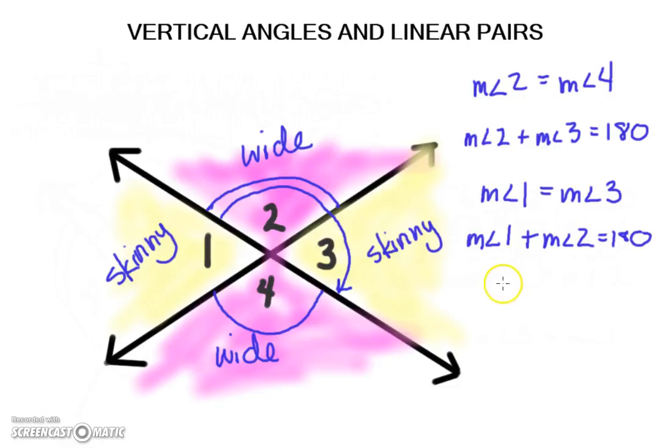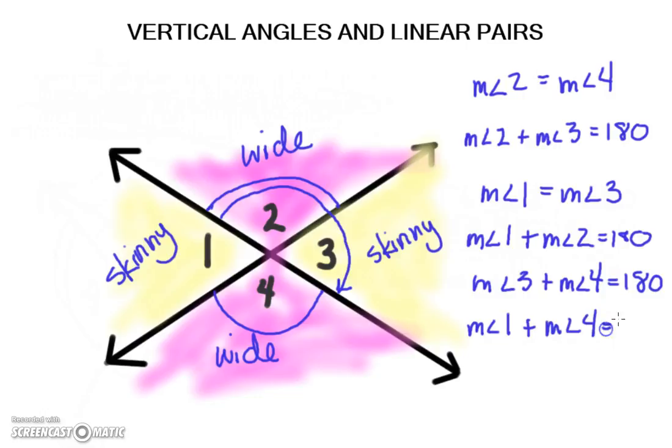Or couldn't I also write the measure of angle 3 plus the measure of angle 4 equals 180 degrees? Let's see. Is there a combination that I haven't used yet? I've used 1 and 2, 2 and 3, 3 and 4. What about this one? The measure of angle 1 plus the measure of angle 4 equals 180 degrees.